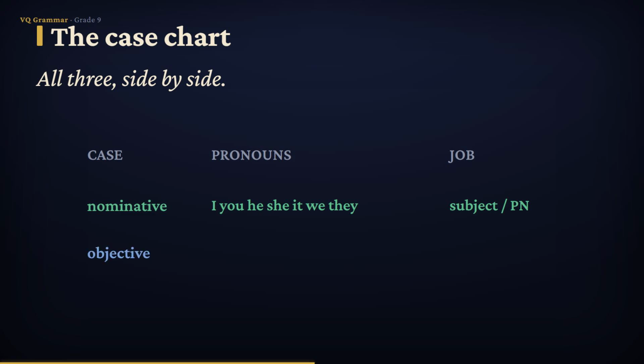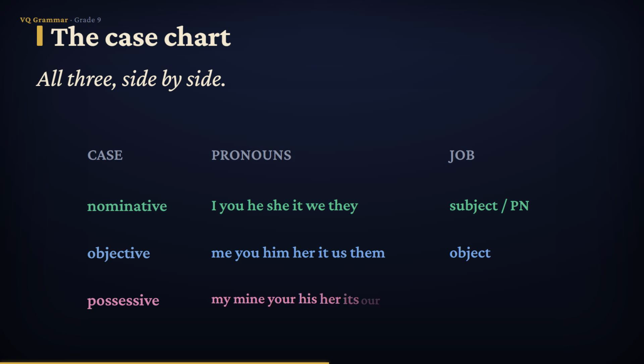Middle row, objective. Me, you, him, her, it, us, them. Any kind of object. Bottom row, possessive. My, mine, your, his, her, its, our, their. Ownership.